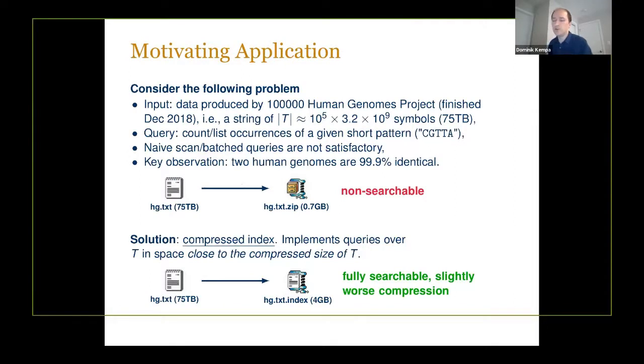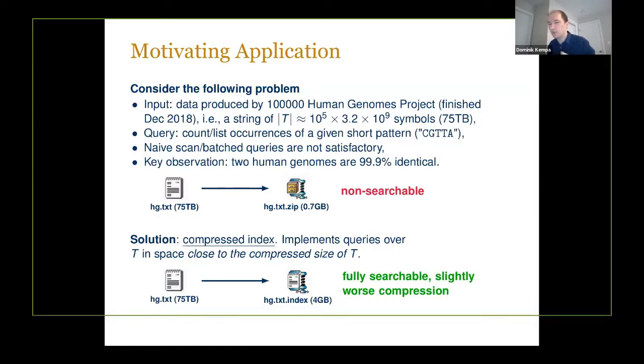For each compression method that you choose, there are corresponding compressed indexes, and they differ in what kind of queries you can do, and exactly by how many logs the space grows, but also you can argue the runtime of queries is different. So the better the compression you use, the smaller the data set, but then the less powerful queries you can do. So it's not that all these compressions are the same.